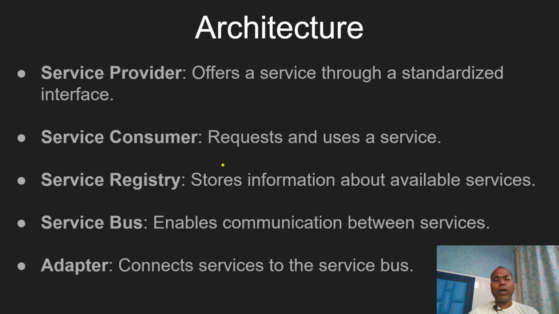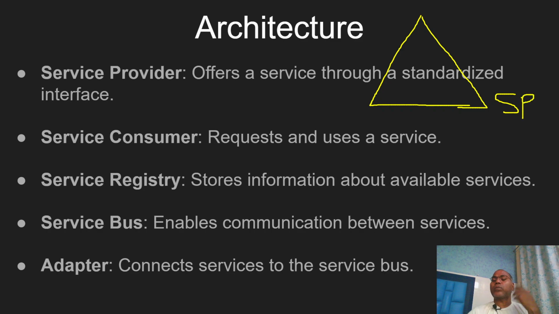So these are the basic architectures, where your service provider provides lots of services, 1, 2, 3, 4, and your service consumer consumes them. The service consumer doesn't directly know which service to call, or whether a service is available or not.